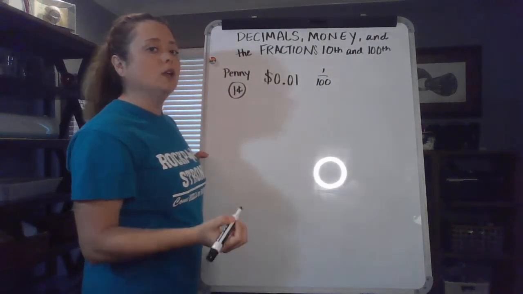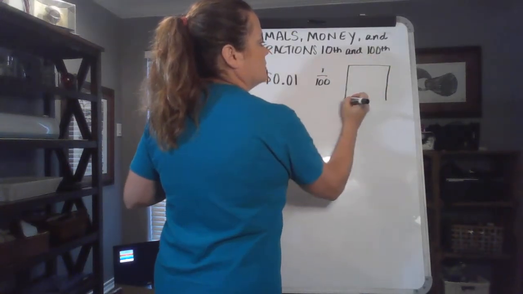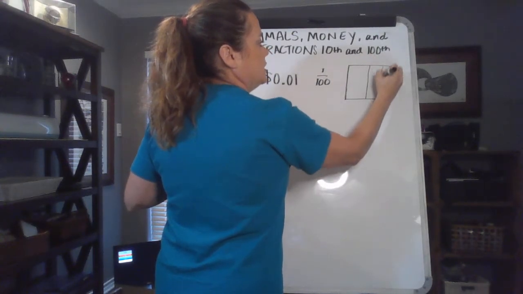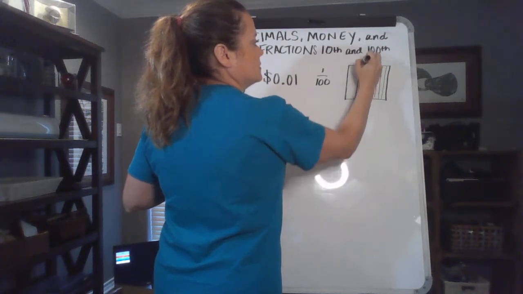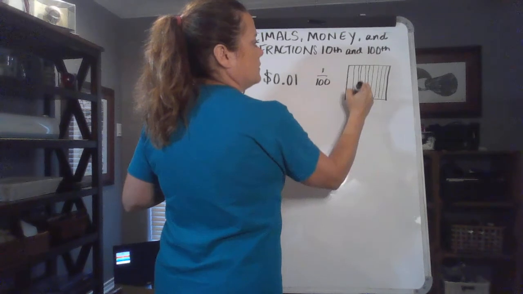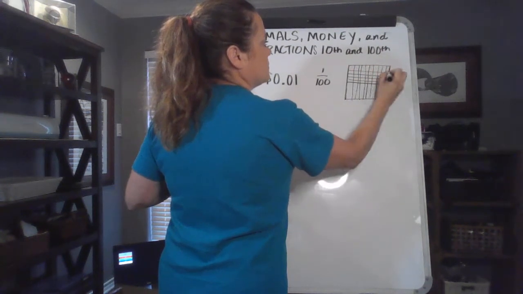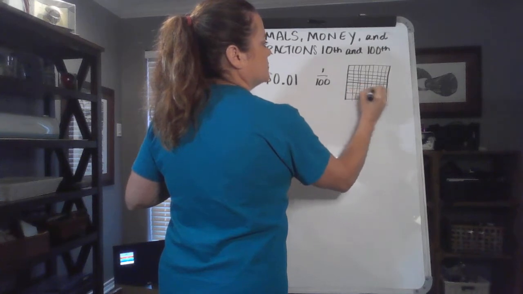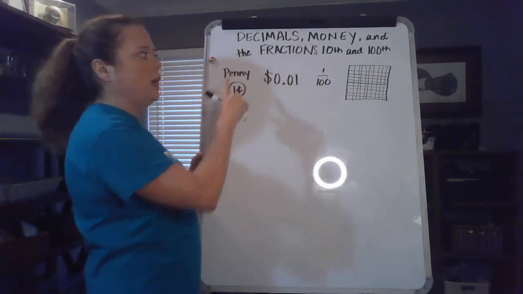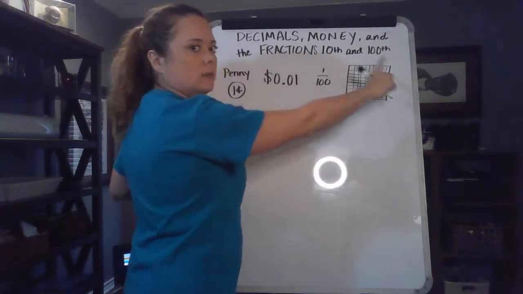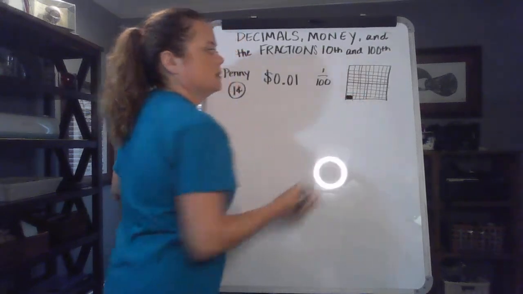If I want to draw a model of this, the 100th model that we teach in Texas looks like this. Sorry, it's not perfect. We can represent 1/100th, or 1 penny out of a dollar. This would represent $1. We're going to shade 1/100th.